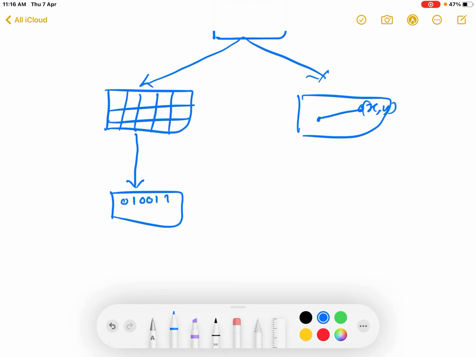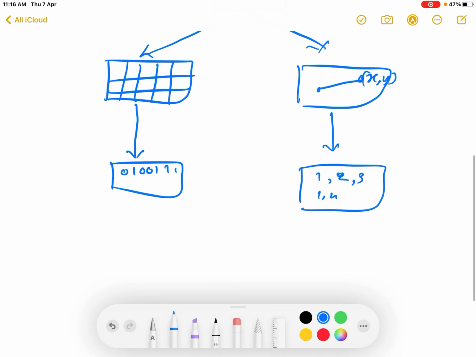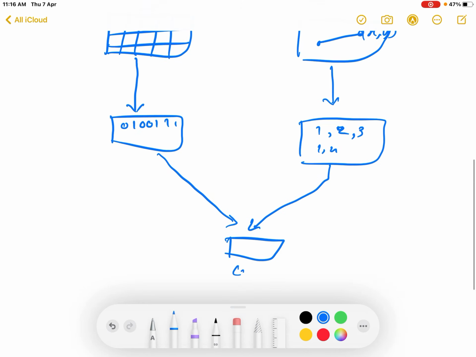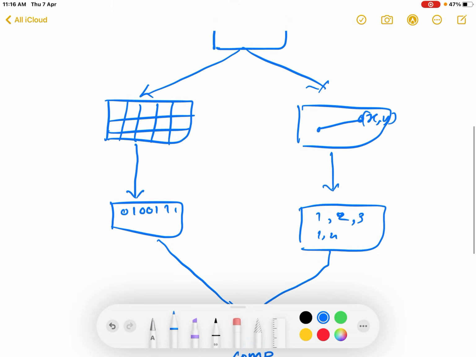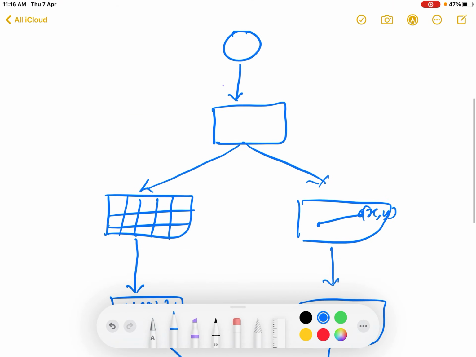Then these raster and vector models are represented in a raster data structure, that is a 0 1 0 1 combination, or in a vector data structure, that is in xy coordinate form. This way, it is then stored in a computer.